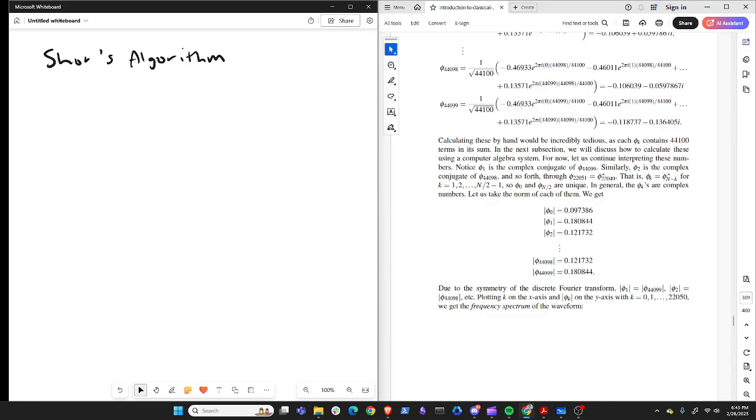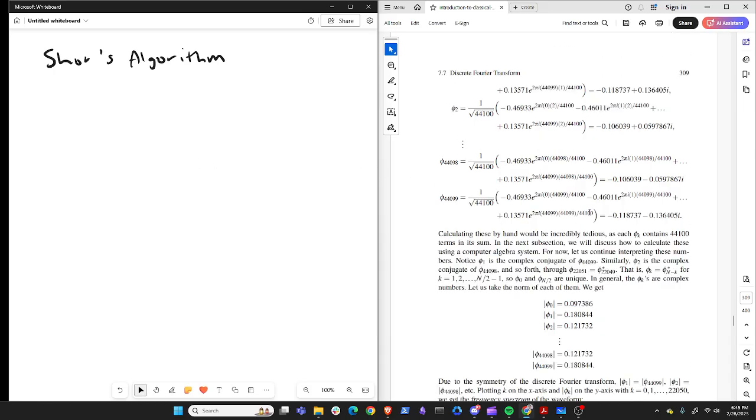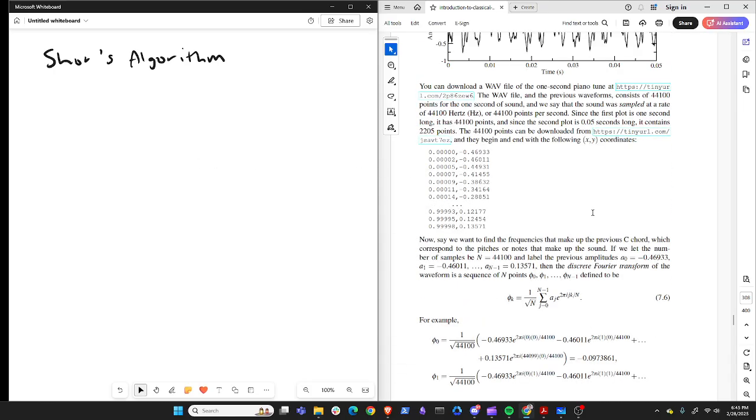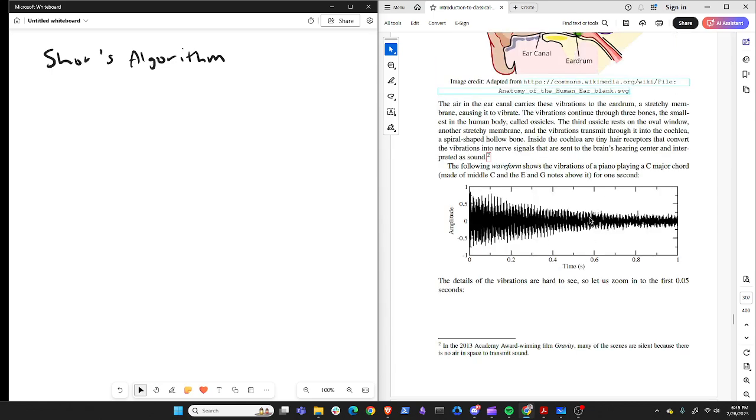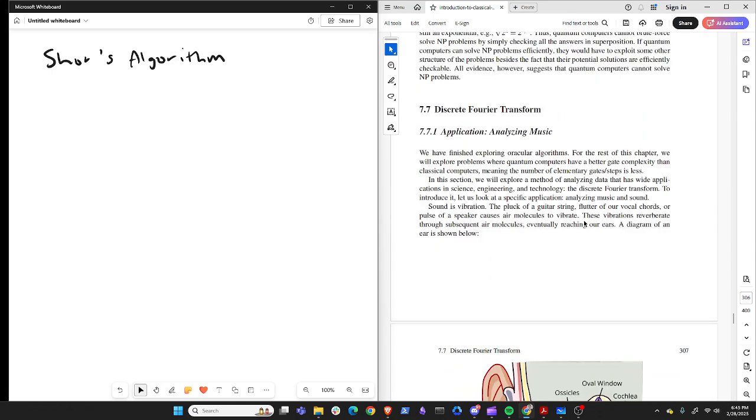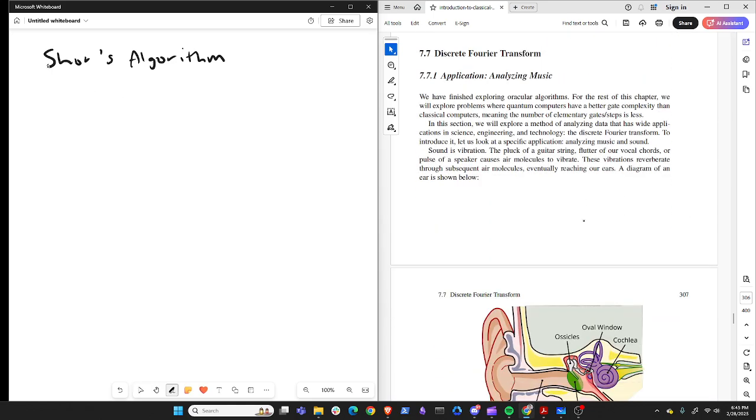I cannot remember if we actually did this. Does anyone remember if we did quantum Fourier transformations?